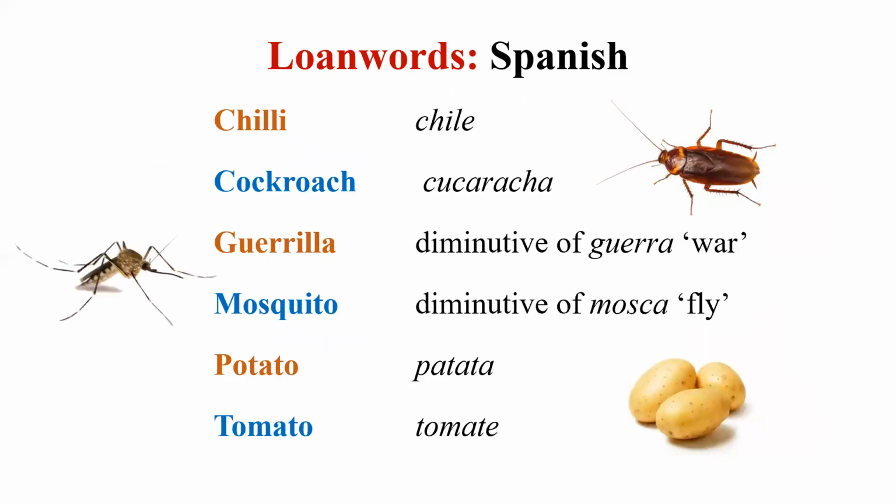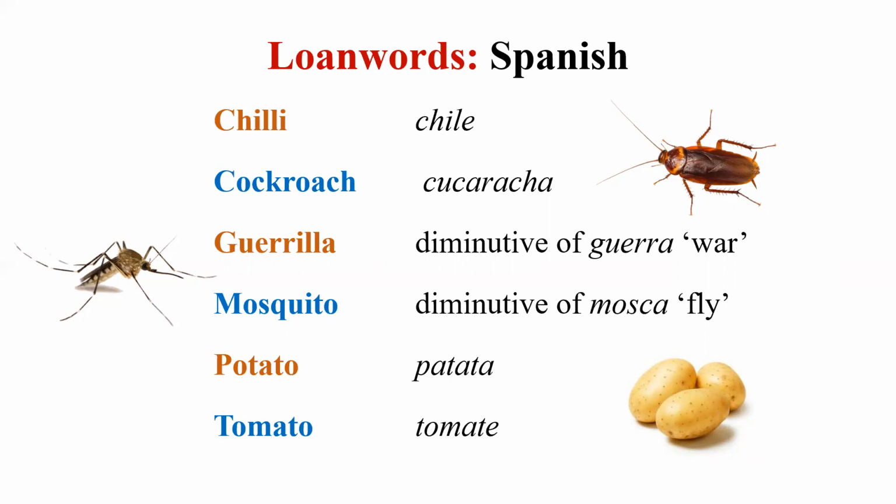So let's look at loan words under semantics. Why? Because in the NET exam or any exam for that matter, for English, we get words and they ask the origin of the word. So let's look at some words from Spanish. So we get words like chili, cockroach, gorilla, mosquito, potato, tomato.